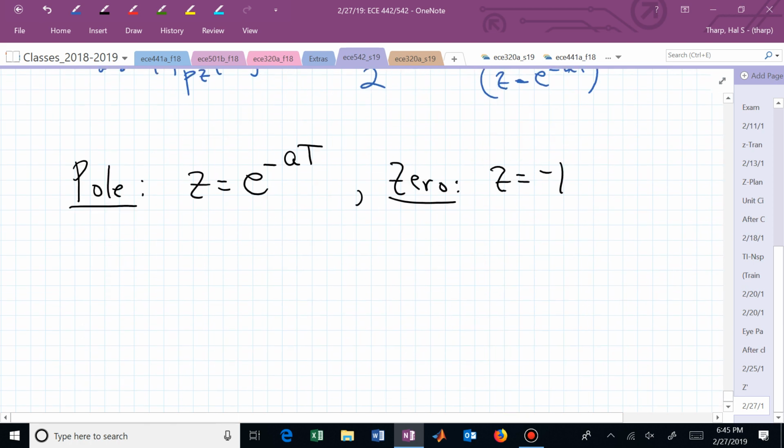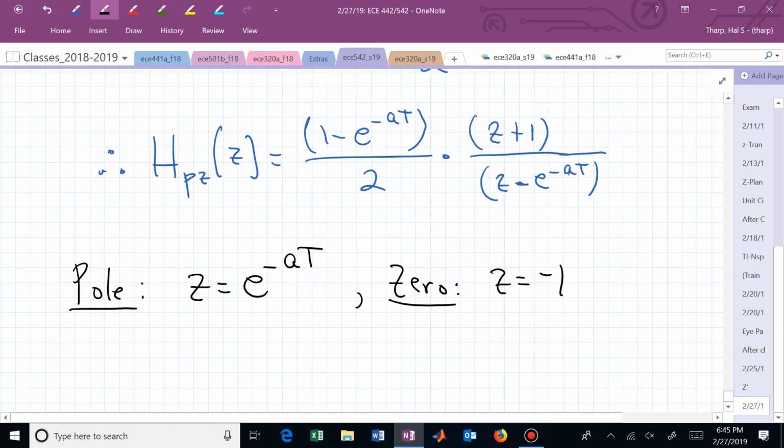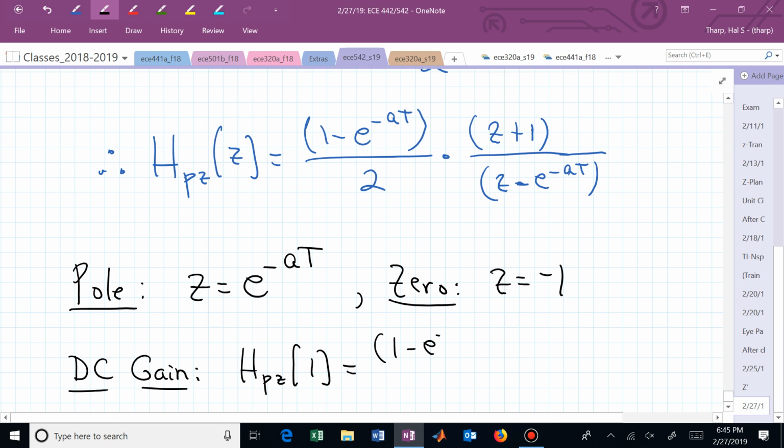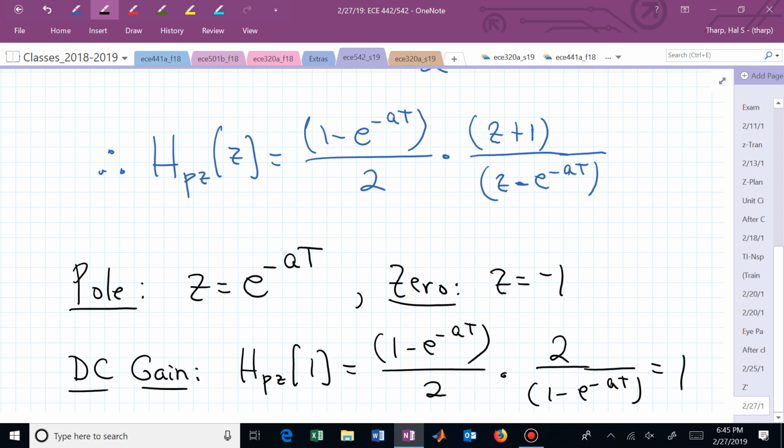What about our DC gain? Well, that's now H sub PZ of 1, or that's now 1 minus e to the minus AT over 2 times 2 over 1 minus e to the minus AT. Well, what do you know? We have a DC gain of 1, which is how we designed K.